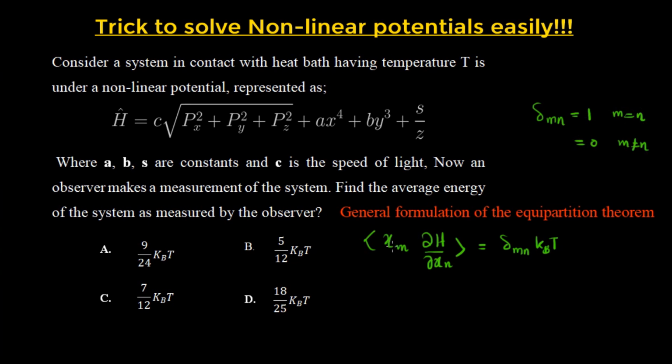This x_m can be any phase space variable, like canonical coordinates q or p. If we use this method, we can solve this question very easily. We don't have to do any integration or anything.